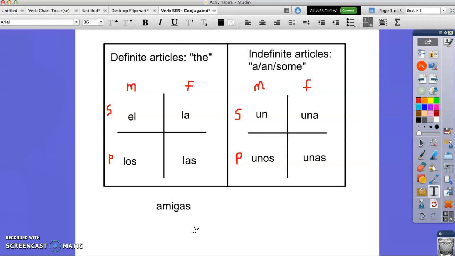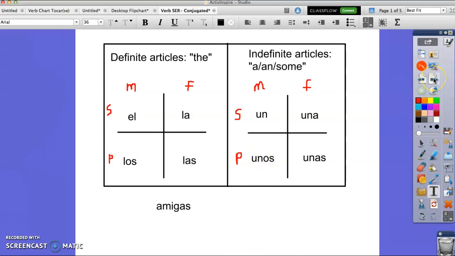Okay. So hopefully that'll kind of help you. And we're going to be using these. So you always want to make sure that you look at whatever you're talking about, whether it's friends or the boy or the class or a family member. And if you want to say the, you're going to use one of these four. If you want to say some, you're going to use one of these.